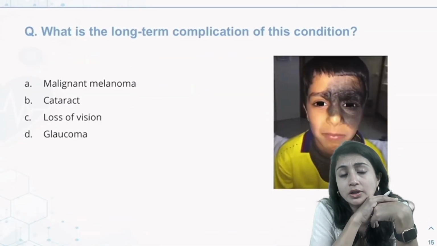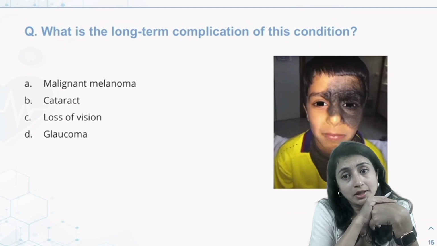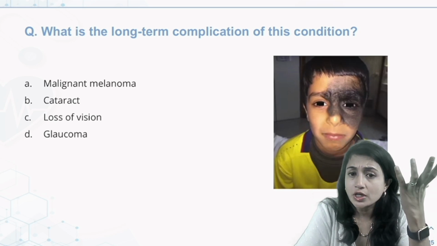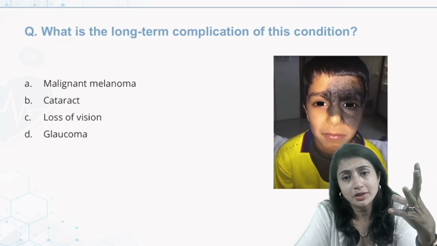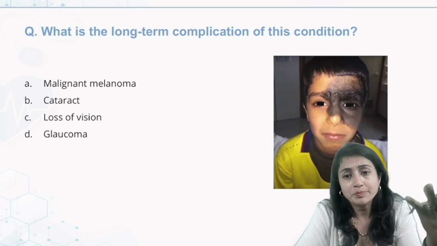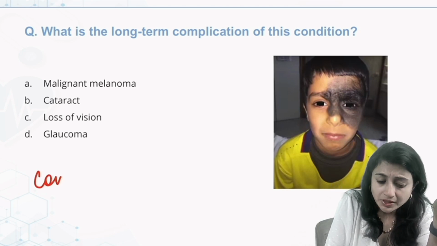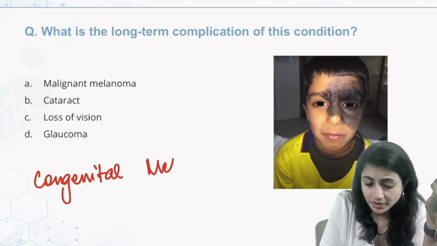What is the long term complication of this condition? So, what is this condition? I'm not saying that you must have got the exact image, but something similar to this. You must have got a unilateral or one sided hyperpigmented plaque with a lot of hypertrichosis in a child. What is it? This is congenital melanocytic nevi.